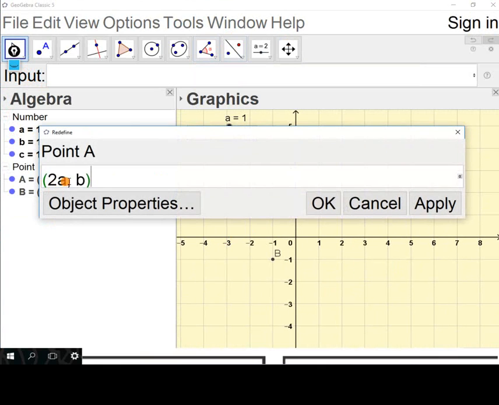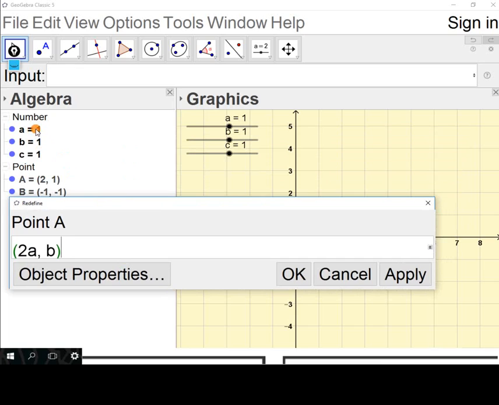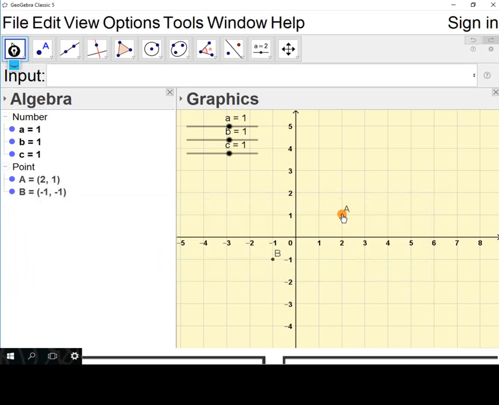Basically what it's doing with 2A comma B is taking this A value that I set up to be 1, plugging in 1 for A, so it gives me 2, and plugging in 1 for B, giving me 1. So it's plotting the point 2 comma 1, and that's where that point right there becomes.